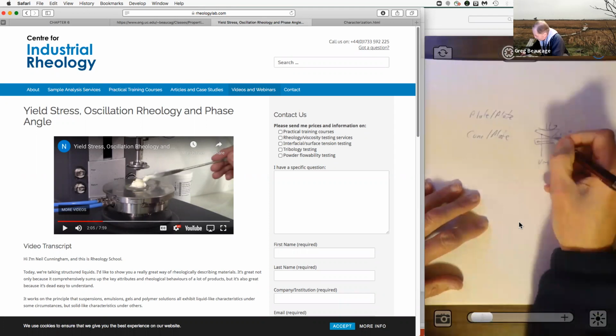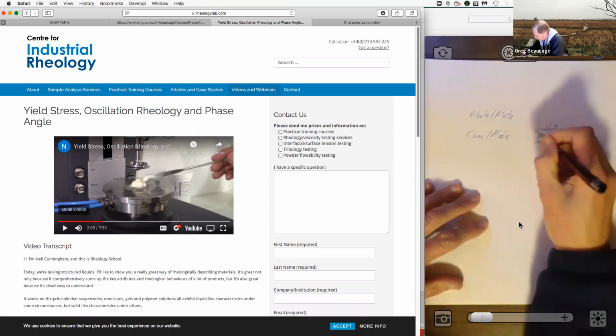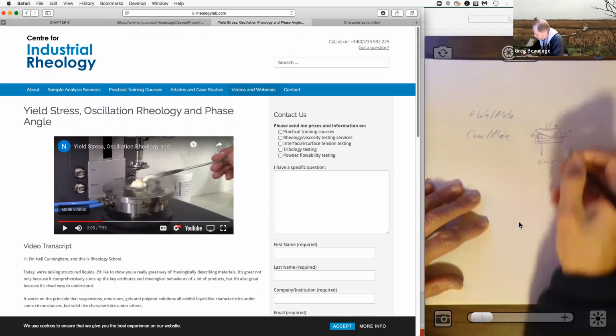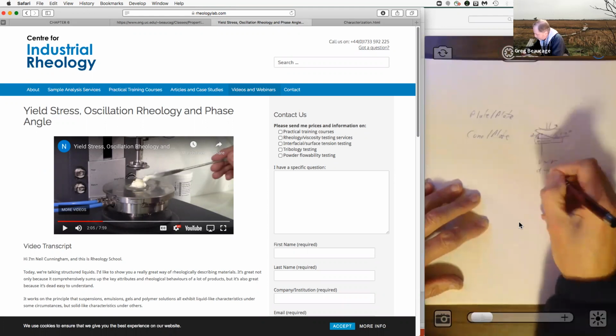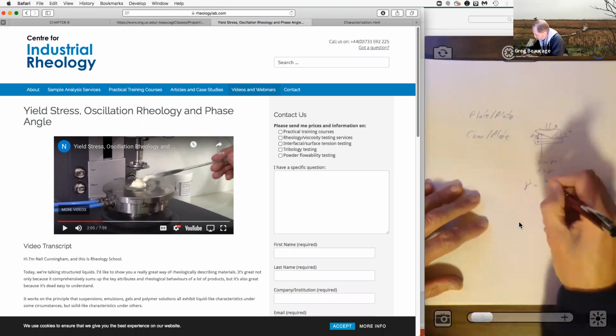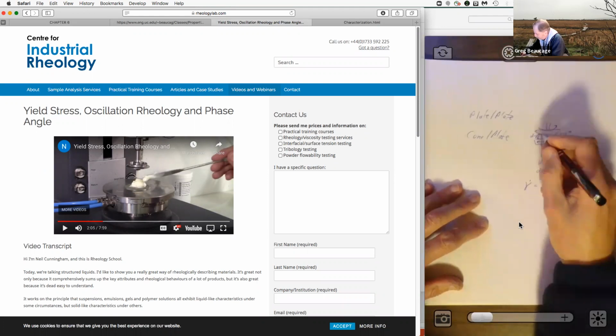So if you have a gap that increases, your gap distance D is also going to be proportional to R if you have a constant slope. Then the strain rate is the velocity over that gap.